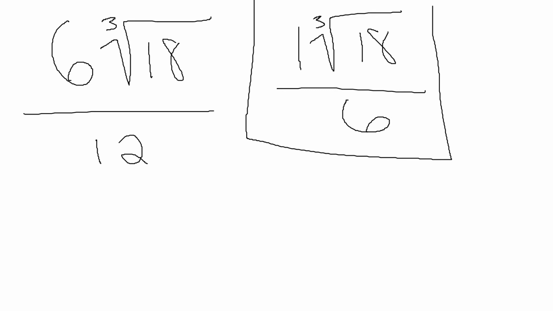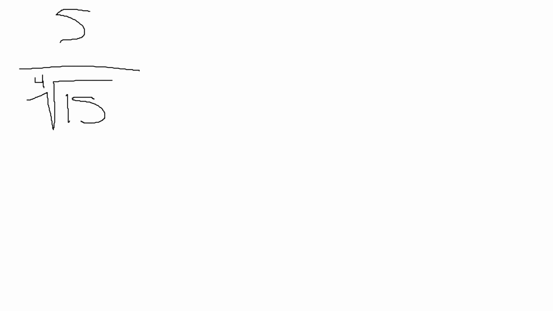Let's do another one that's not a square root. 5 over the 4th root of 15. I'm making this up, and it may be a horrid mess. We shall see.